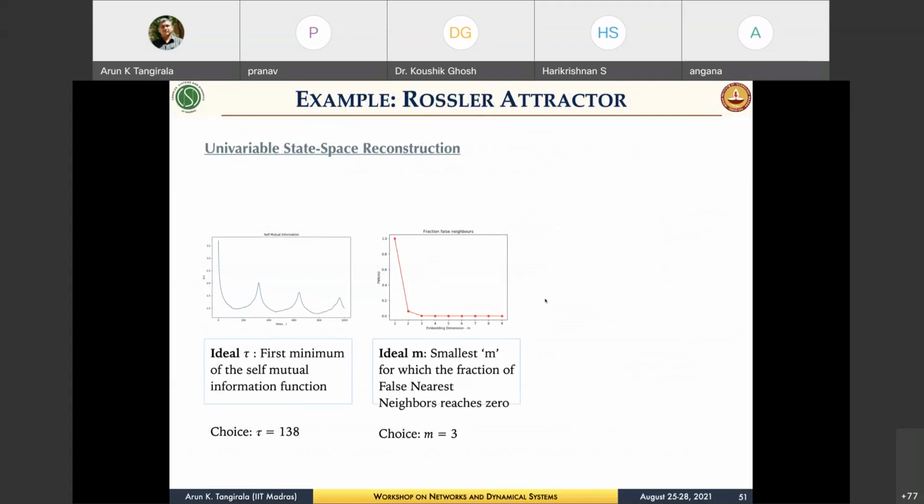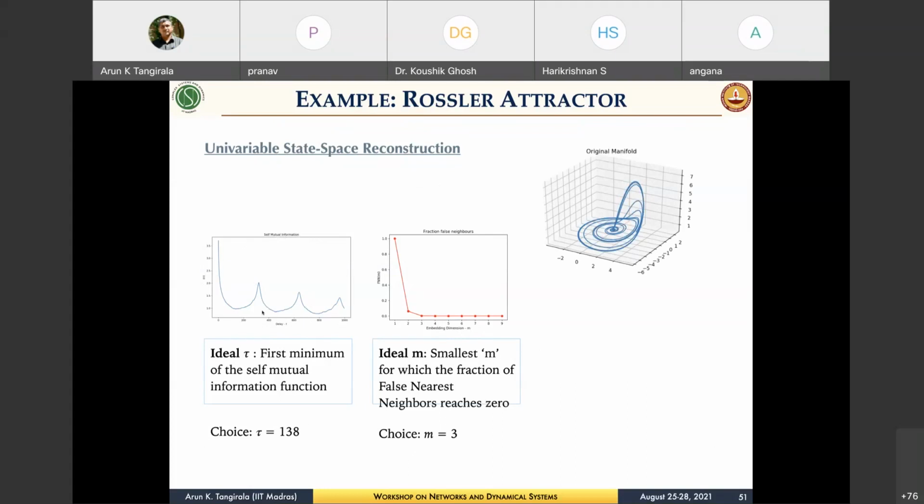So what is the idea? I'll tell you in a minute. Just want to give you a feeling of how an embedding is constructed. I take the familiar Rossler attractor, and the way you do it is there are methods to figure out what is an appropriate tau and what is an appropriate embedding dimension, M or D. You compute what is known as self-mutual information for different values of tau. Mutual information, remember, is a measure of nonlinearity.